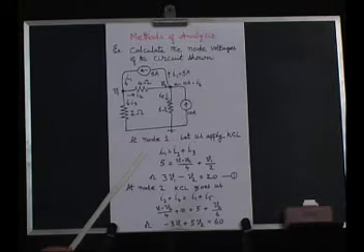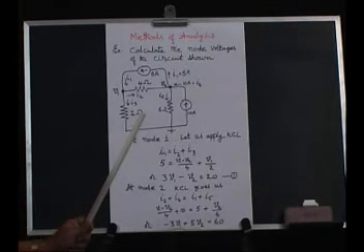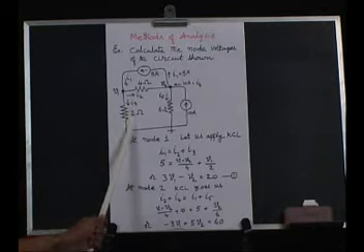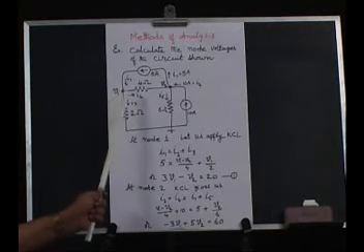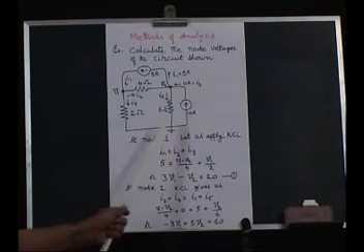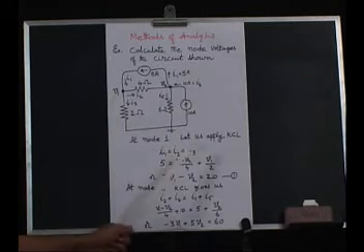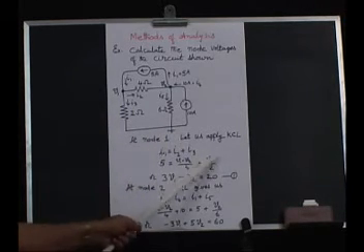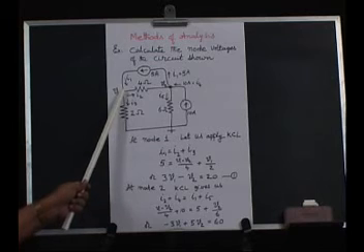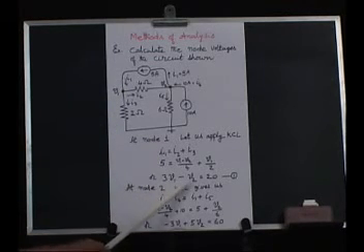I3 is the current flowing in this 2 ohms resistance. The voltage here is V1, and the datum voltage is 0. You can put it as V1 minus 0 by 2 or simply V1 by 2. That's how Kirchhoff's current law is satisfied at this particular point. So we can simplify this as 3V1 minus V2 equal to 20.